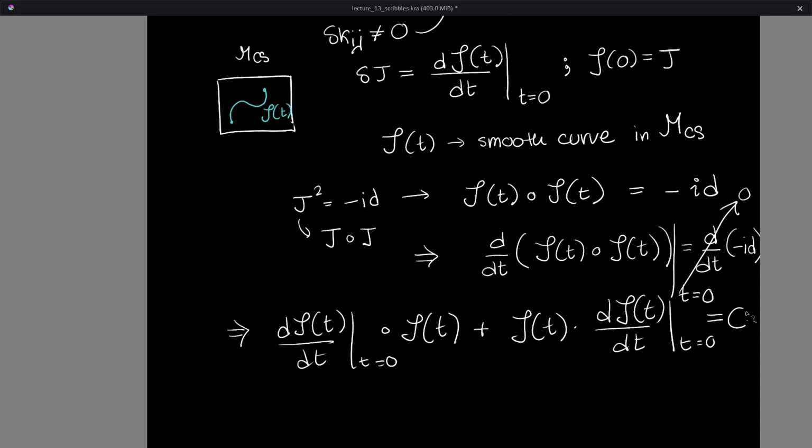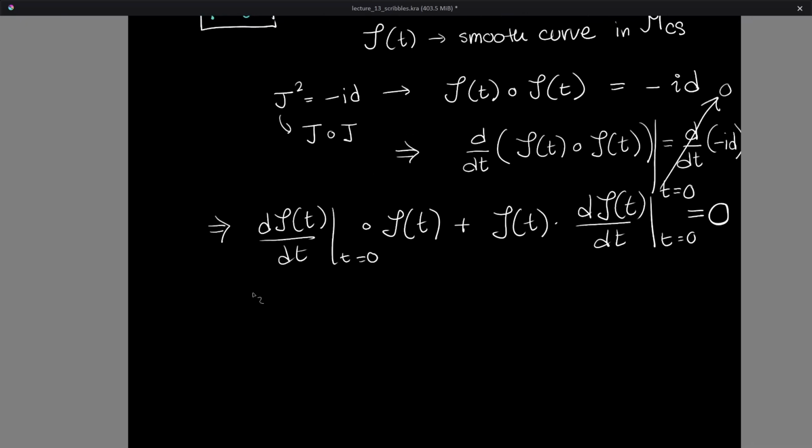And on the other side, we get 0 because that derivative zeroed out. So this is exactly what we call delta J. Oh, and we need to evaluate this at t equals 0 too. That would give us J of 0, which would just be our original complex structure, and this would give us delta J.